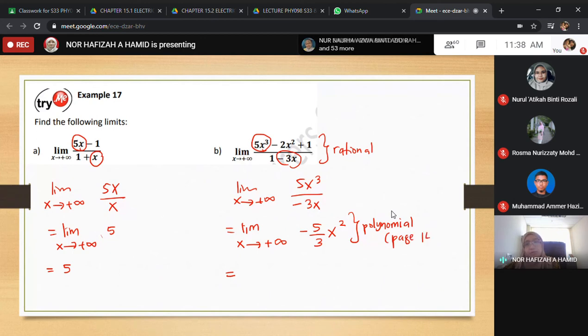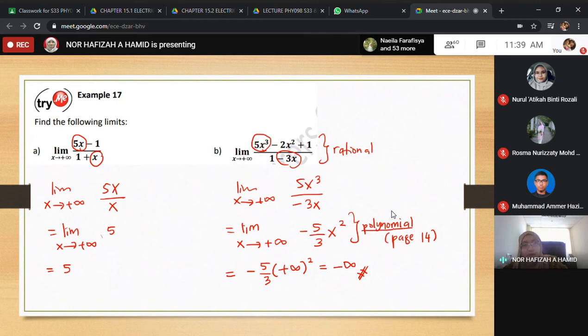So you know page 14 tu, dia ada yang limits of polynomial. Okay. So kalau polynomial maknanya you kena substitute je lah value dia. 5 over 3 x squared dapat positive infinity squared, so dapat negative infinity. Okay, so ini bukan fraction sebab ni dah consider as polynomial.